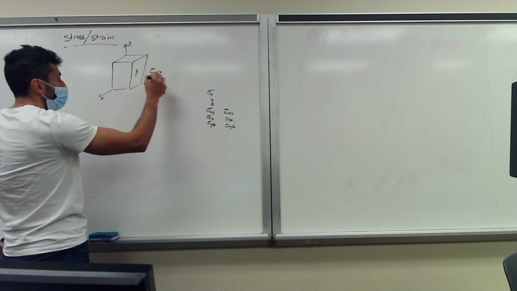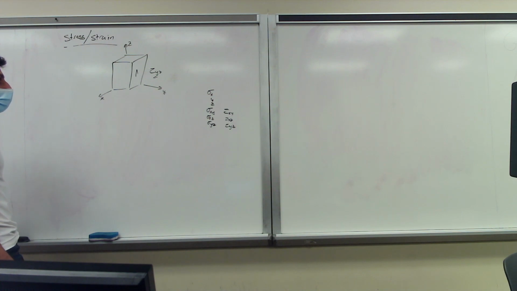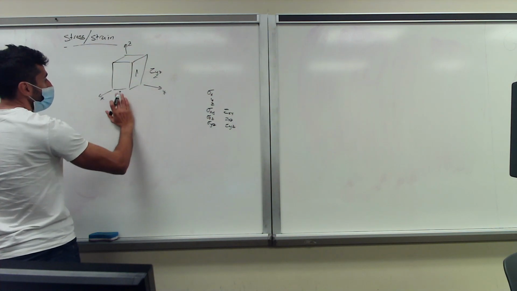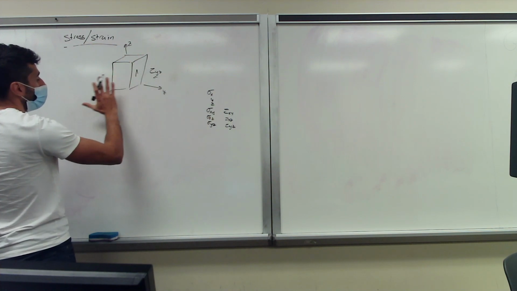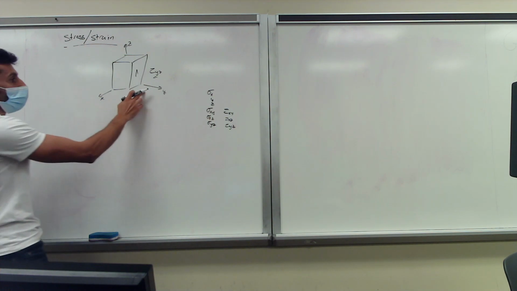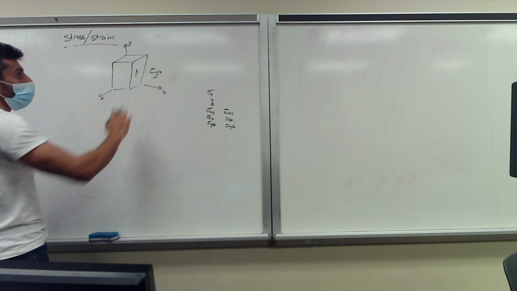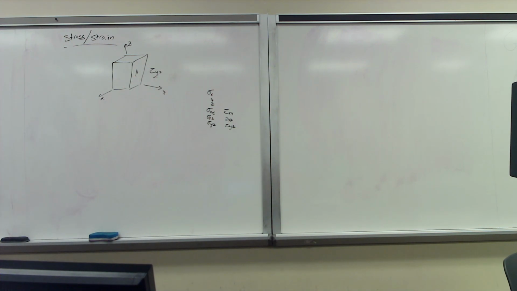So the convention is the first subscript indicates the outward normal. If you look at this plane, this is basically acting upon the xz plane, and the normal direction to it, the outward normal, is in line with the y-axis. And then the second subscript indicates the direction of the shear flow of the stresses.